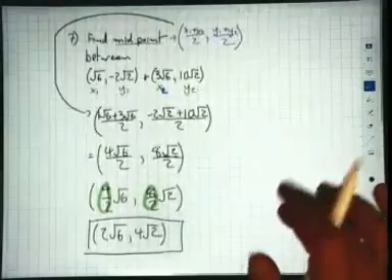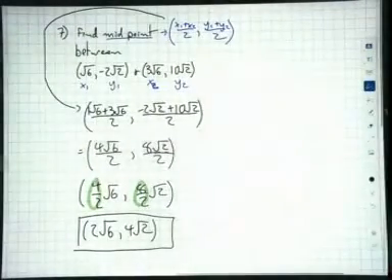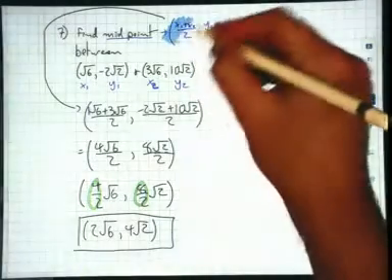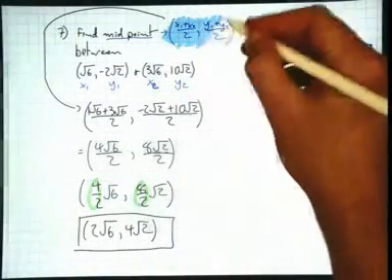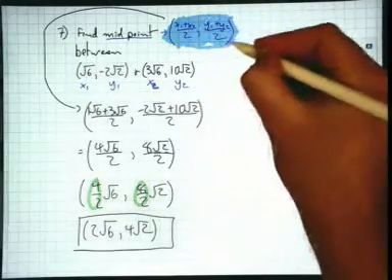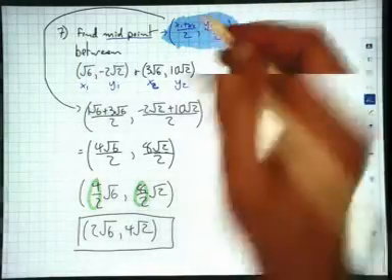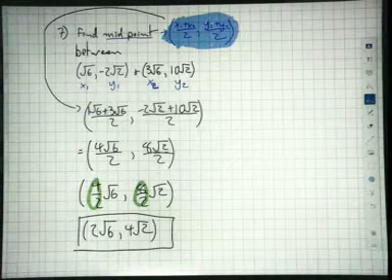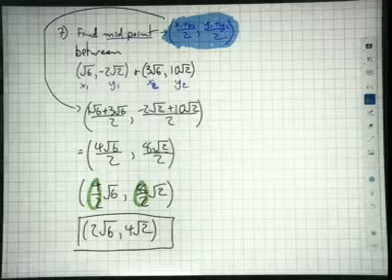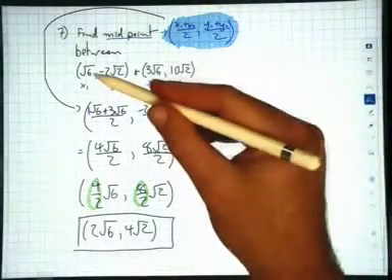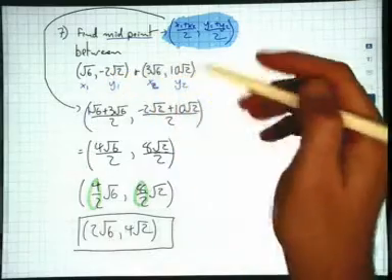So again, what do you have to know here? You have to know your midpoint formula, how to implement it, how to use the midpoint formula. And again, we also just have to be okay with combining terms that have these square roots attached to them.